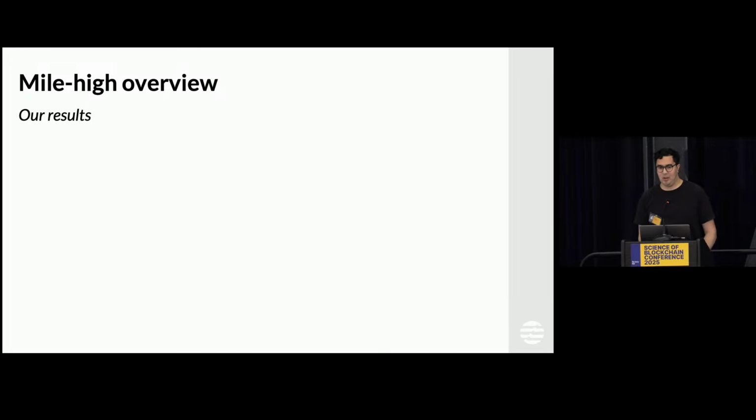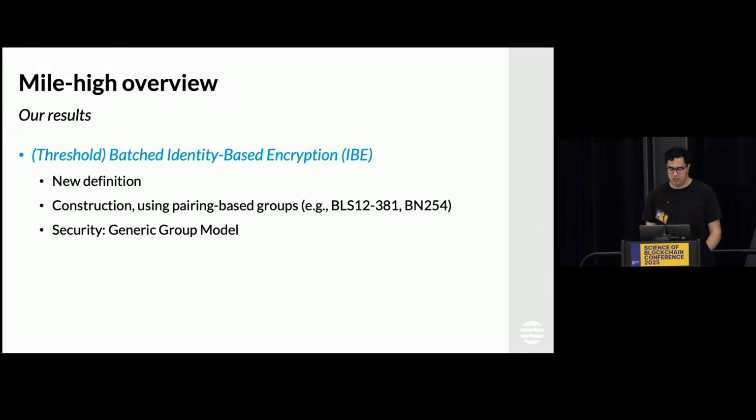Okay, so with that, I'll present our results. We give this new definition of a batched identity-based encryption scheme, or batched IBE, and we also give a construction using pairing-based groups. Specifically, our construction can use any type 3 pairing. In terms of security, we give a security proof in the generic group model.